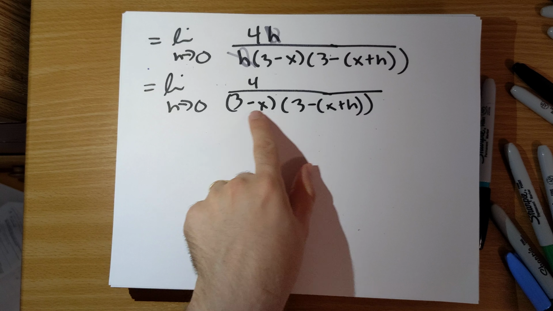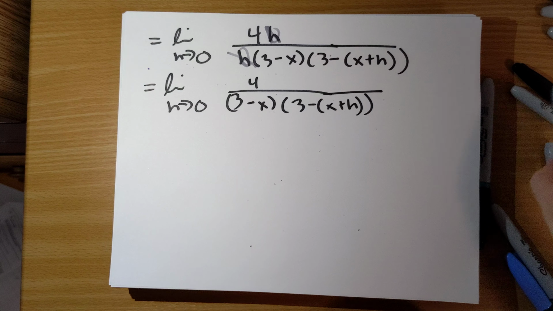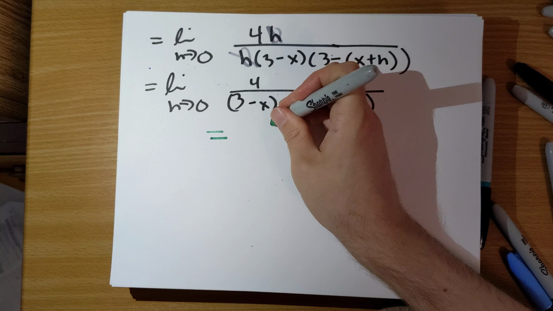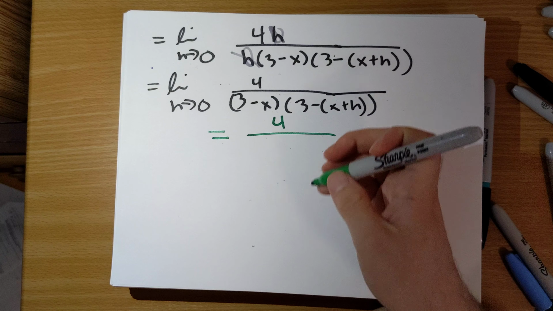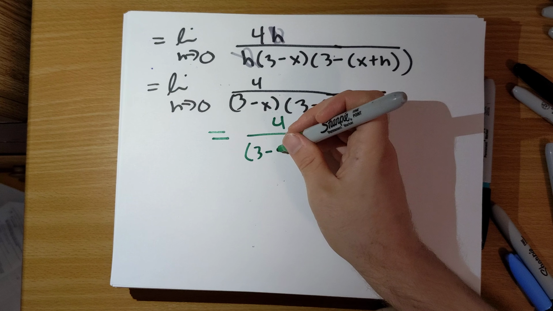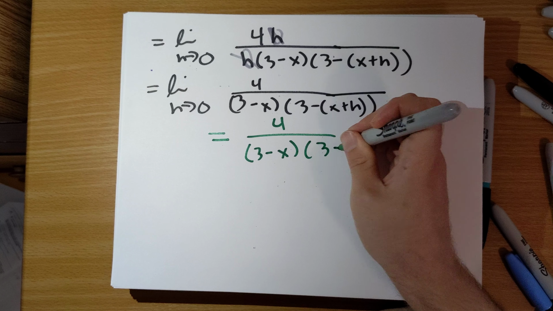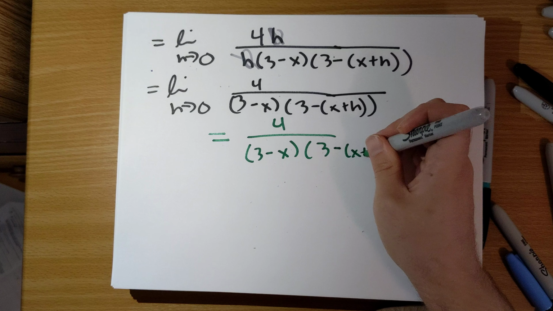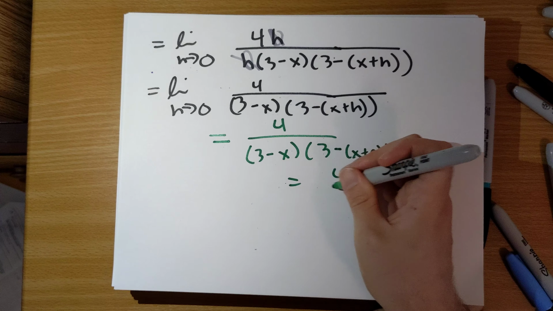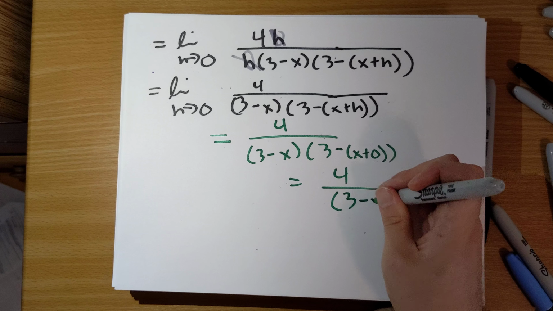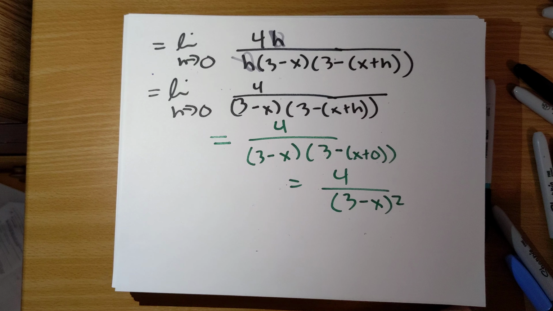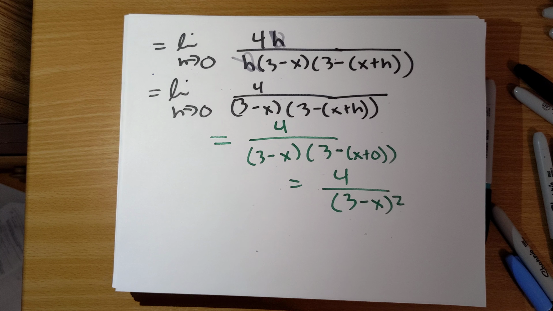And so the only change we have to make is replace h with 0. So 4 over 3 minus x times 3 minus x plus 0. This simplifies as 4 over 3 minus x, quantity squared. So I think this is a good exercise to work through. Lots of good, useful, typical algebraic manipulation here.